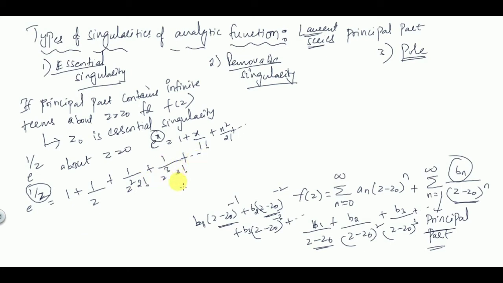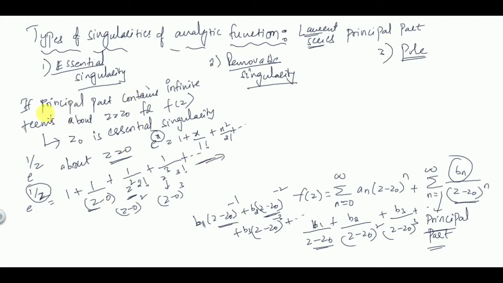If you see here, all of this is negative powers. About z is equal to 0, you can write z square as (z minus 0) whole square, and z cube as (z minus 0) whole cube. So all these are negative powers, and there are an infinite number of terms like this.